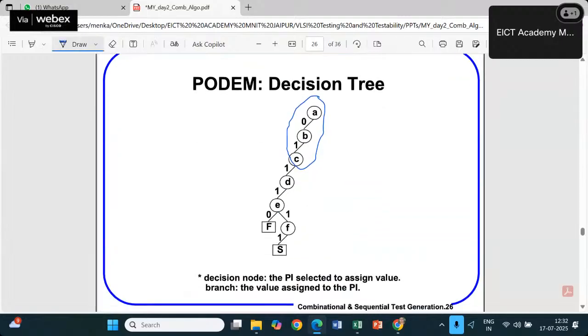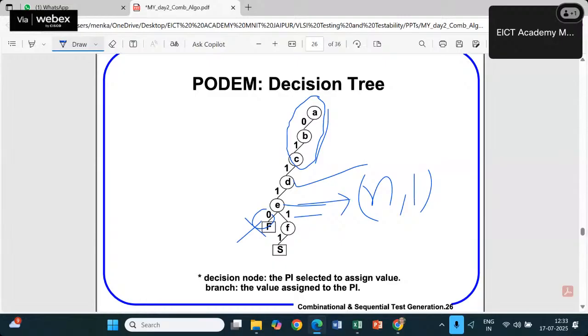So first of all, you will determine ABC because of the fault activation. Then you are passing the fault to the output. Then you are setting the goal, and the goal is n comma 1. That goal is going to give you the decision. Make the decision equal to 1.